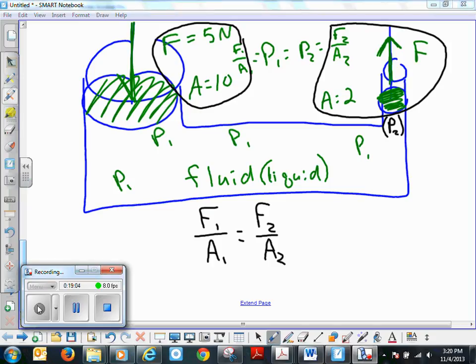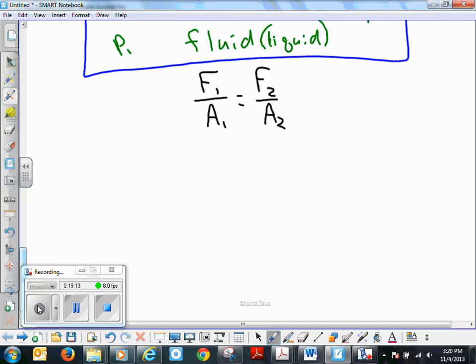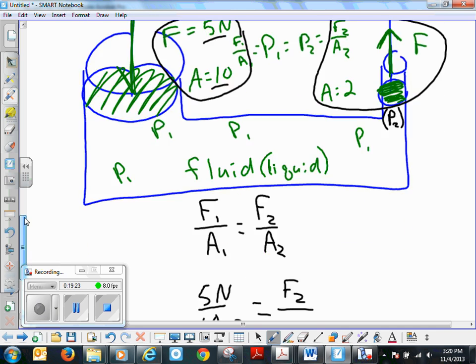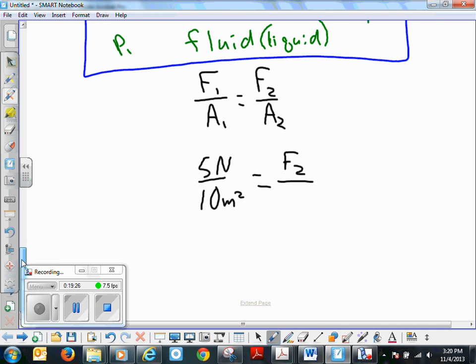So for this one, we have force 1 is 5, area 1 is 10. Okay, so I'll go 5 newtons over 10, we'll say meters squared. And then force 2 is what we're looking for. Our second area, I better check. Oh, that's 2 meters squared.